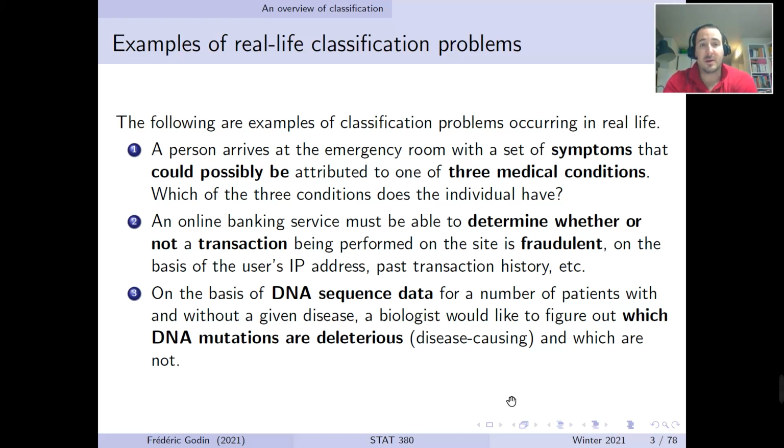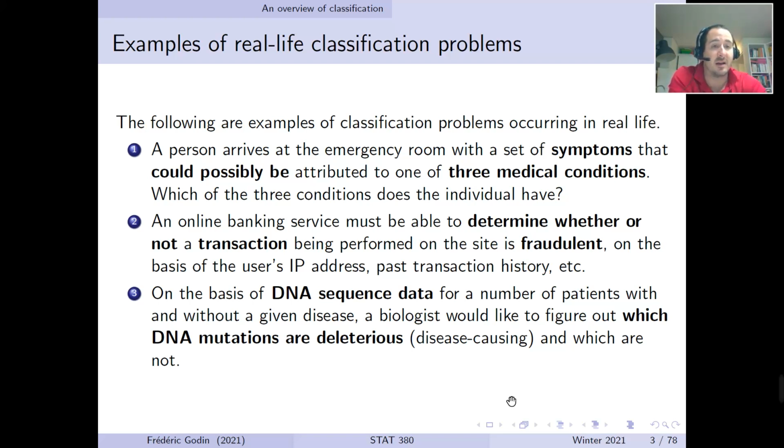The first one we can think of is a person arrives at the emergency room with a set of symptoms which could possibly be attributed to one of three medical conditions. What we'd like to know is which of the three conditions does the individual have? Does the individual have condition 1, condition 2, or condition 3?